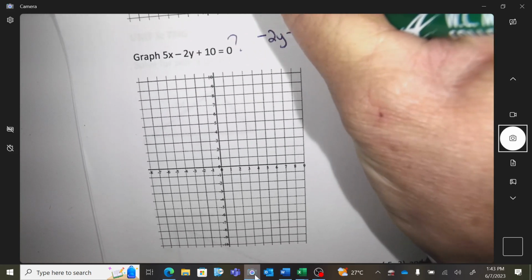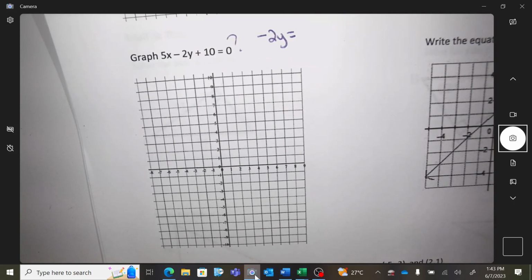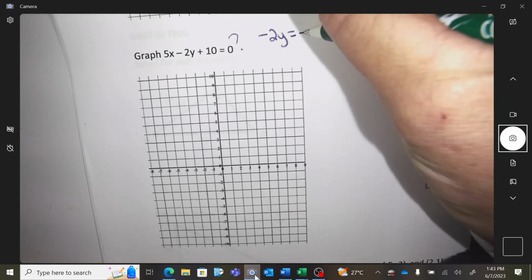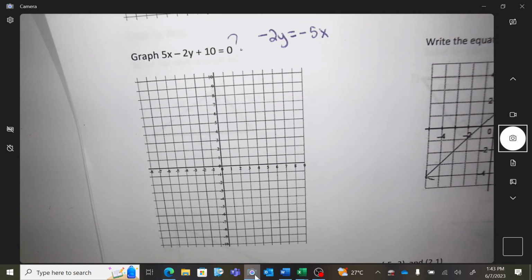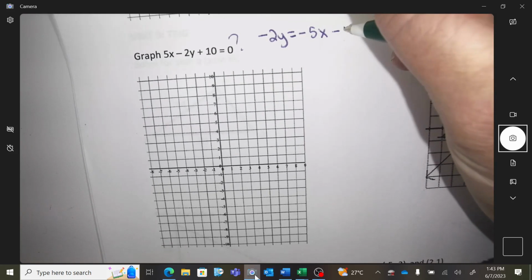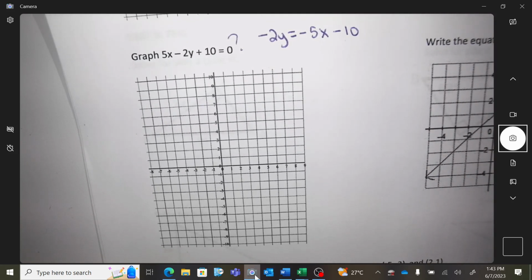Keep y. So negative 2y equals. I am going to move the x stuff over. What happens when you move something in math? Opposite sign. So negative 5x on the right hand side and negative 10.